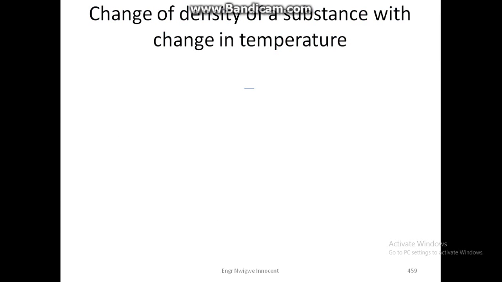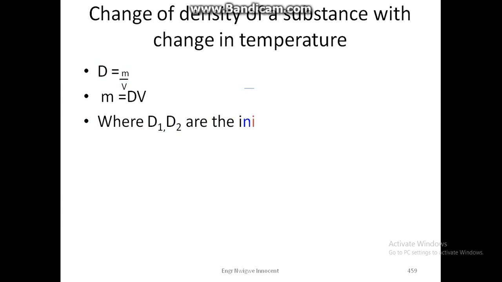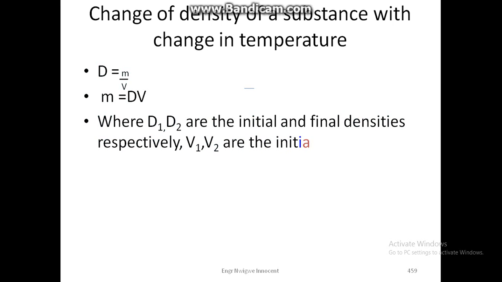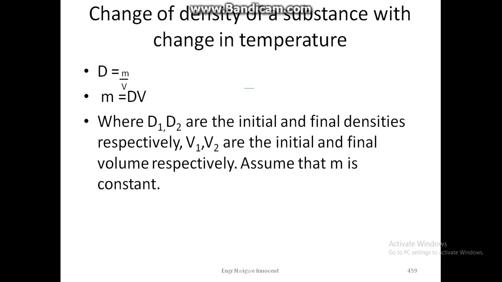Change of density of a substance with change in temperature. D is equal to M over V, mass over volume. Therefore, mass M is equal to DV, where D1, D2 are the initial and final densities respectively, and V1, V2 are the initial and final volume respectively.